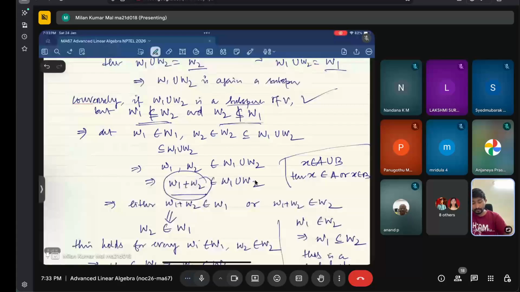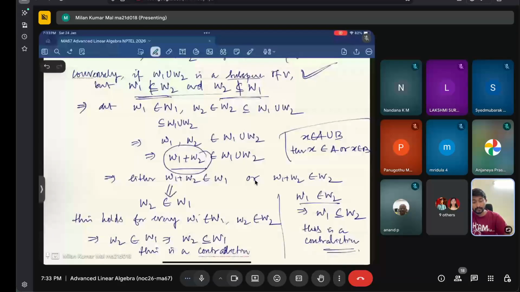So that is, if W1 union W2 is a subspace of V, then either W1 is a subset of W2 or W2 is a subset of W1. So now this is the theorem proved.